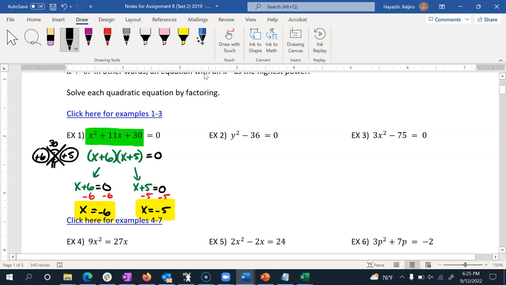Okay, so example 2 is a difference of 2 squares. y squared is a square and 36 is a square. There's a minus sign in between them. What is the expression on the left-hand side in example 2? How does that factor?